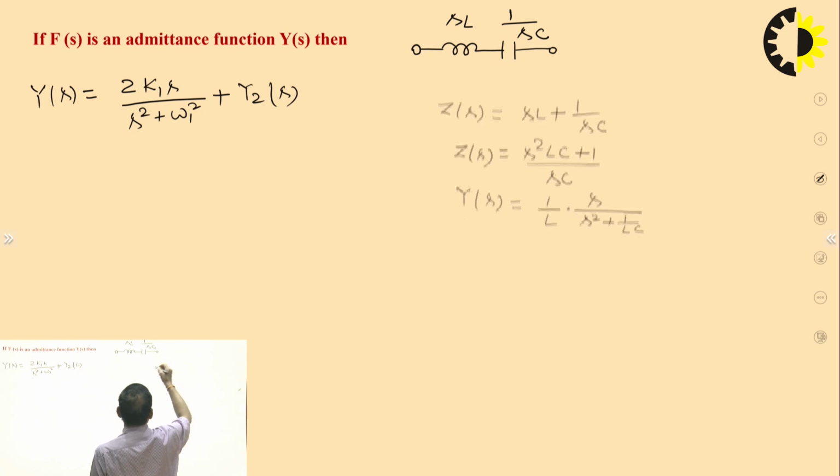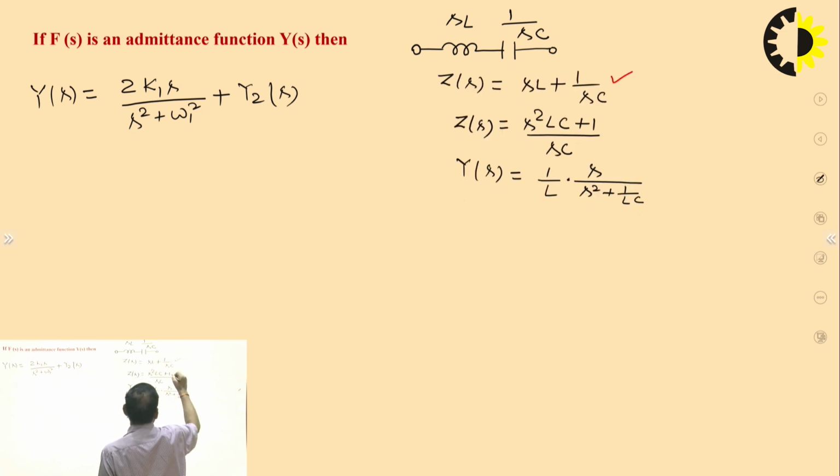So Z(s) is equal to this much, and Y(s) is this, and comparing, we can get 1 by L. So 1 by L is equal to 2 K1.